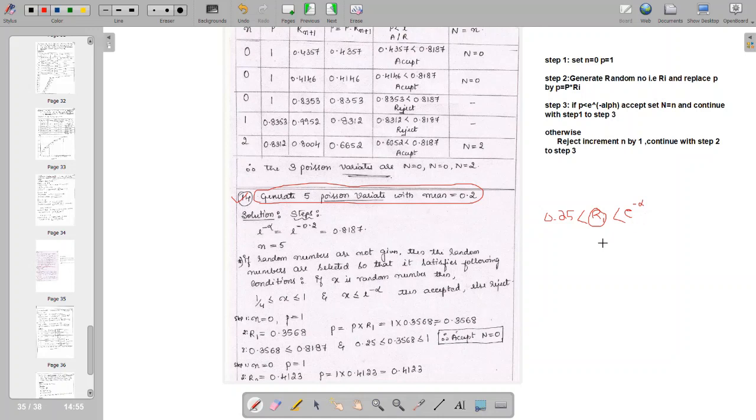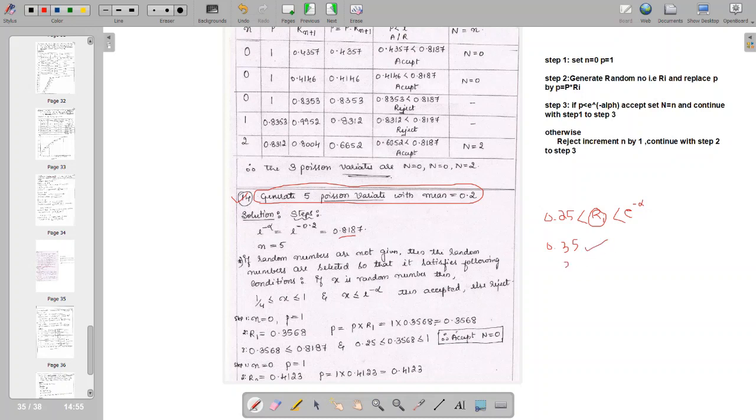So I will assume the random number as 0.35. 0.35 is less than e to the power of minus alpha, yes, so it is accepted.